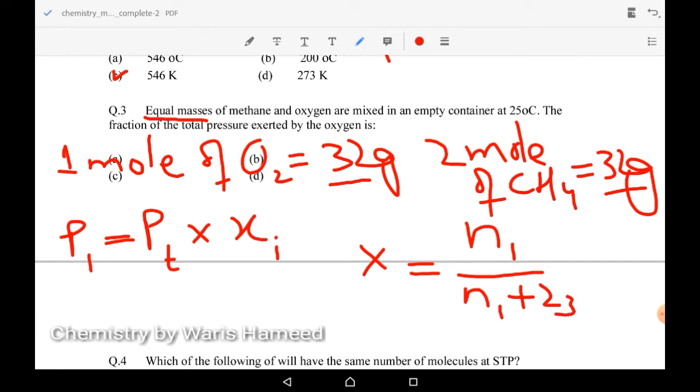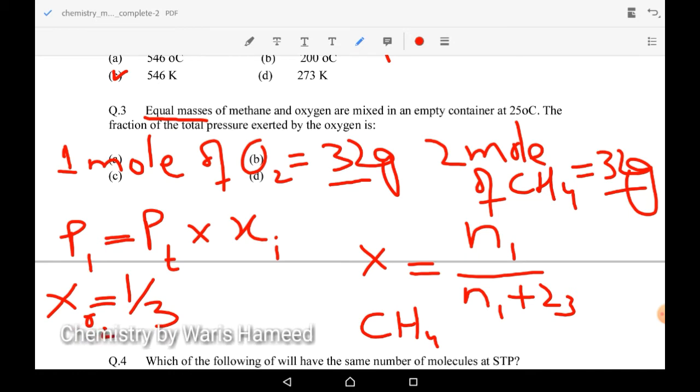So for oxygen the mole fraction will be 1 by 3, and for CH4 the mole fraction is 2 by 3.